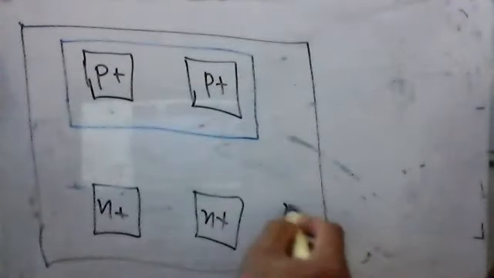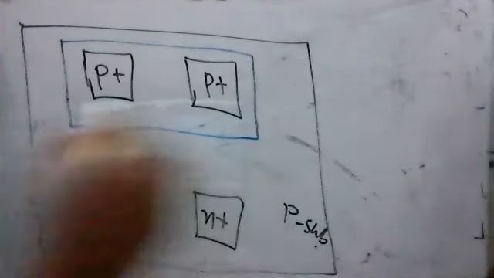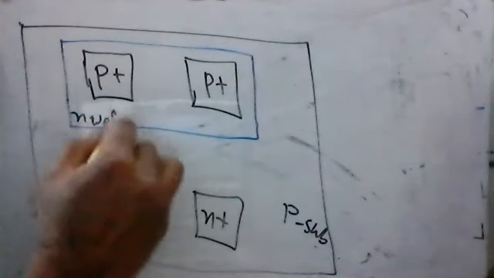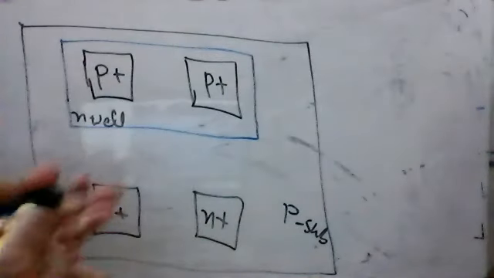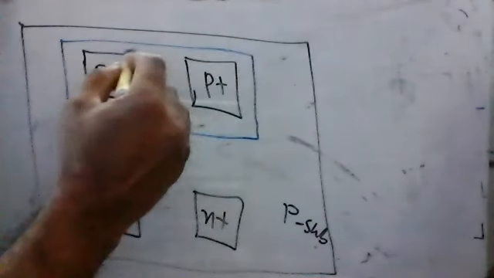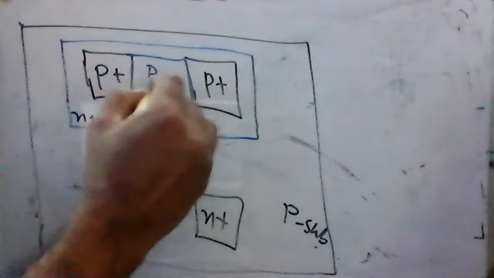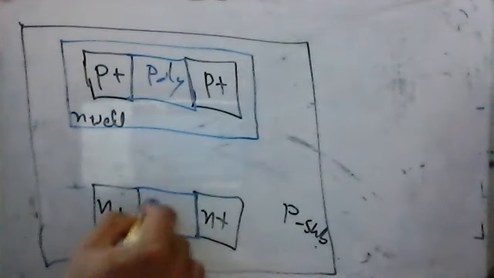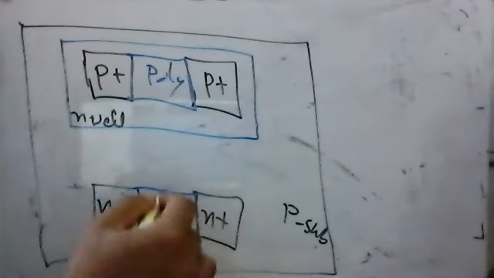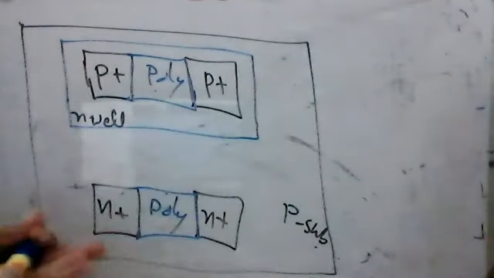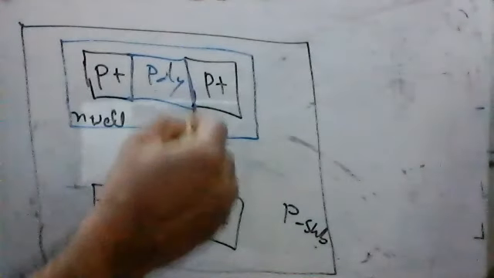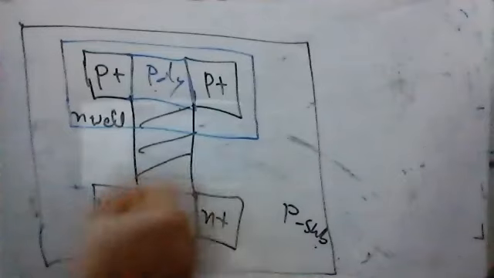This is a P substrate, and this is called N-well. Now inside in here will be silicon dioxide, and then poly, and it's the same as here. Now this poly and this poly are close to each other, so we can connect it here. So this whole thing will be poly. And now this is done.